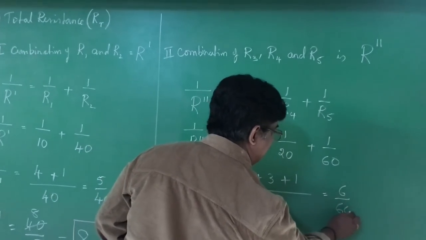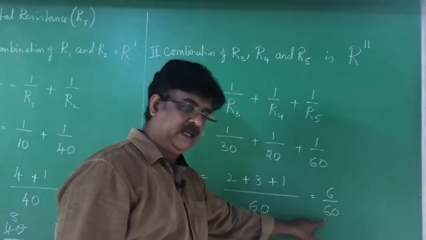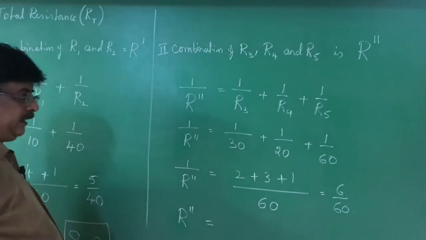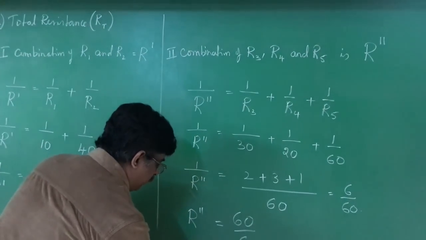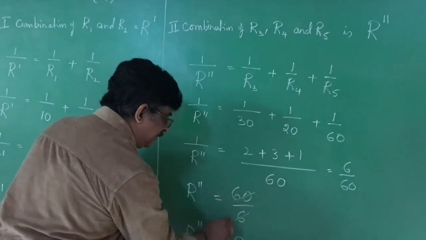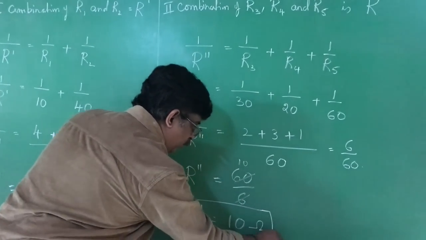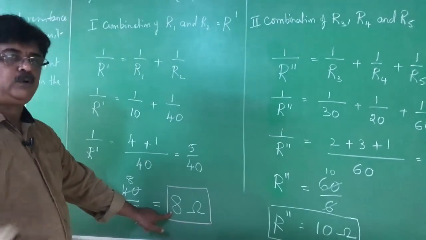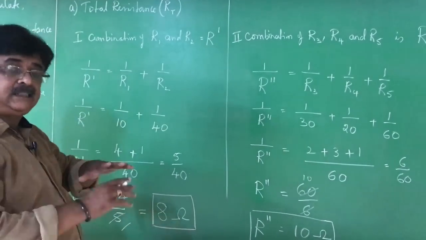6 by 60. 1 by R double dash is equal to 6 by 60. Then R double dash is equal to 60 by 6. 60 by 6 is what? 10. 6 ones are 6, 6 tens are 60. R double dash is equal to 10 ohms. R dash is equal to 8 ohms. Now you tell me what is the total resistance, because both the resistors are connected in series.